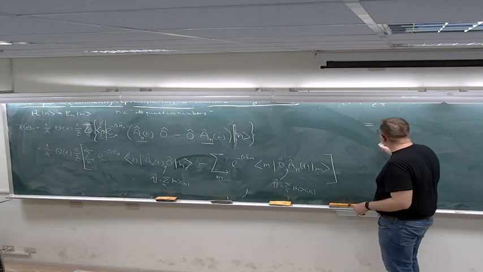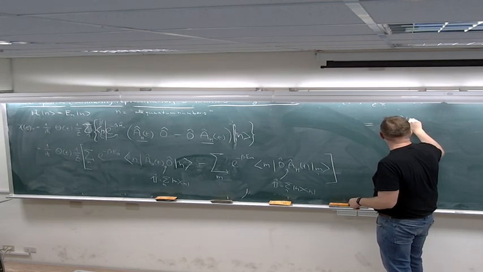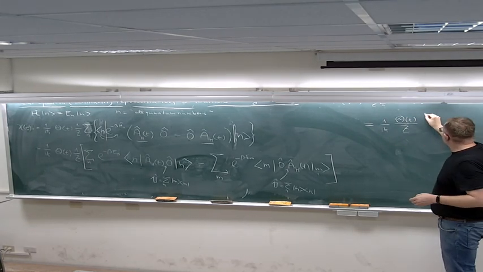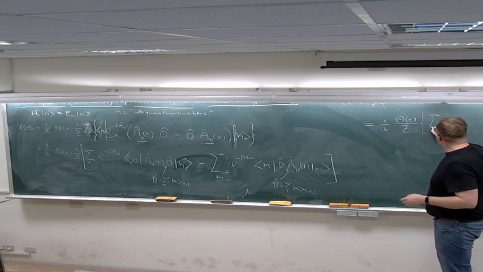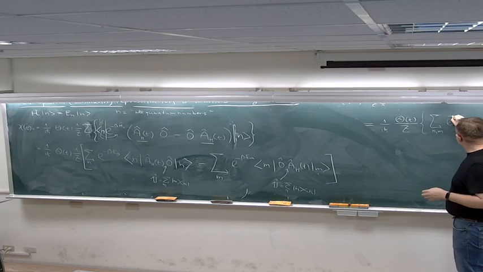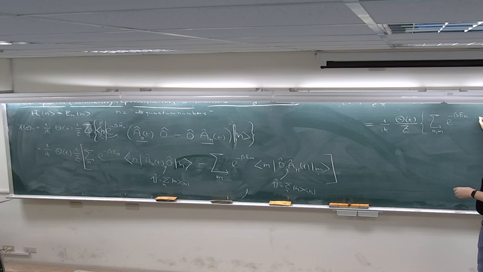So I'm getting 1 over iħ, the theta function divided by the partition function. And now I have the sum over n and the sum over m. And then e to the minus beta energy n in the first term. And what I'm getting here is the matrix element of the operator A Heisenberg, ⟨n|A_H|m⟩⟨m|O|n⟩, right?